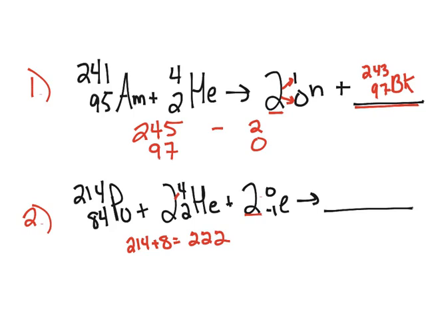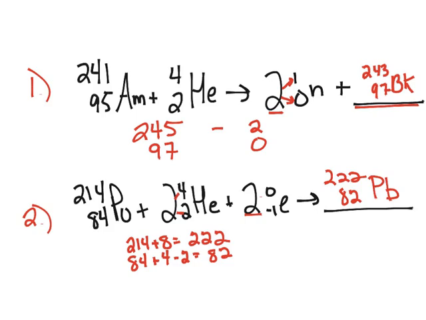As my bottom numbers, I have 84 in Po, and I notice again I have to multiply these numbers, so I get 2 times 2, which is plus another 4, and I've got to multiply the 2 times the negative 1, so that gives me minus 2. 84 plus 4 minus 2 ends up giving me 82. So I can write this as my product, 222 over 82, and that gives me the element Pb.